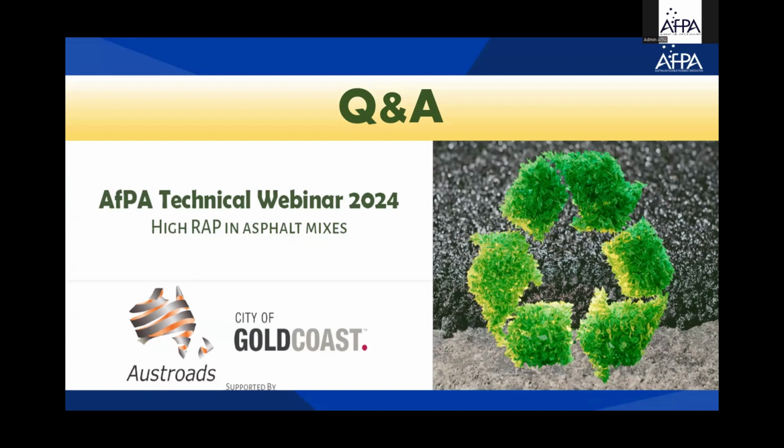So first of all, I'm going to go through the easiest one. There's one from Hamid asking: do these rejuvenators function as softeners only, or do they also alter the composition of the aged bitumen?